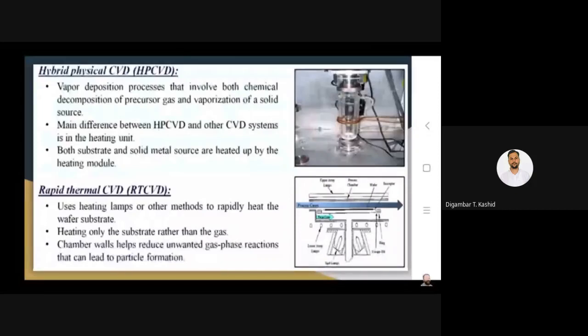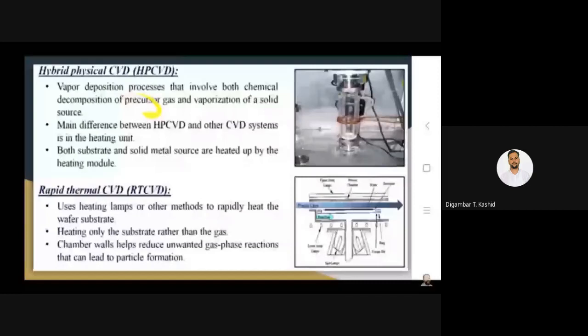Now next one is the rapid thermal CVD process. Here we only heat the wafers, heating only the substrate rather than the gas. This helps reduce the gas phase reactions that can lead to particle formation.